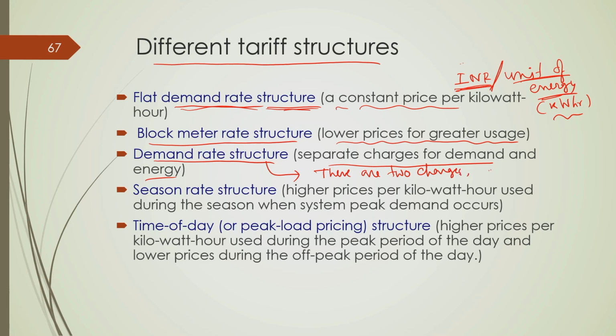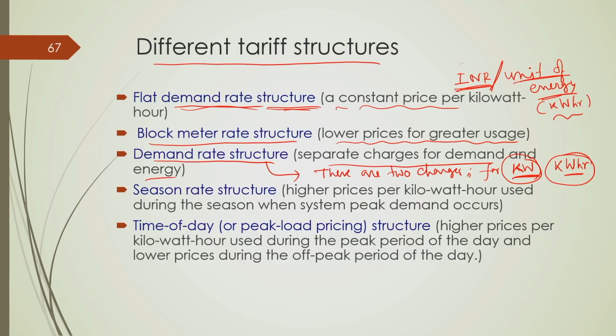One is for kilowatt consumption, another for kilowatt hour consumption. Based upon your connected load or your demand, one pricing will be so much per kilowatt, and based upon your net energy consumption, another part would be so much per kilowatt hour.